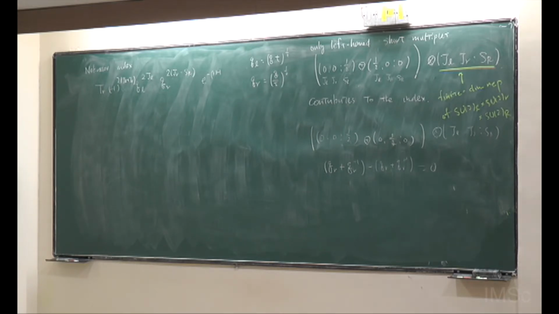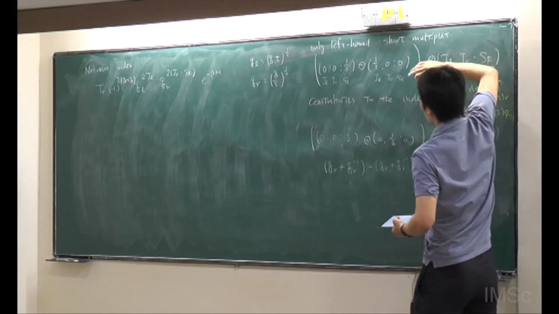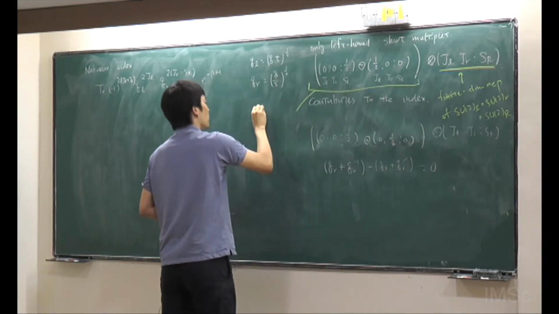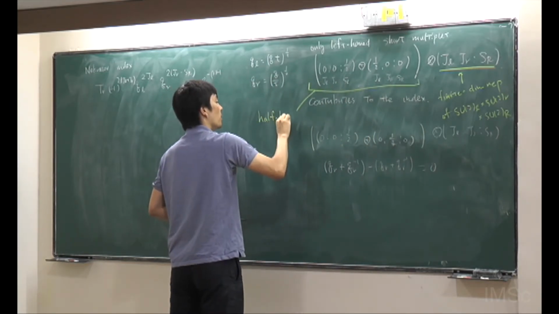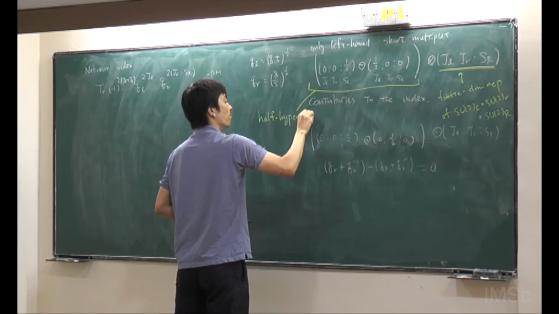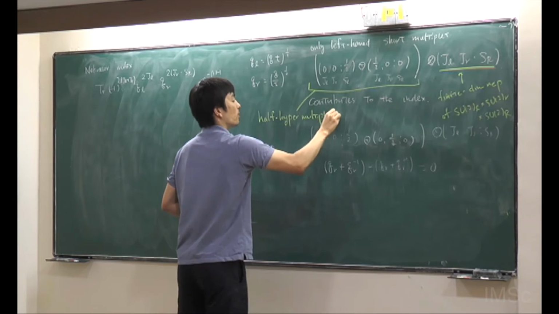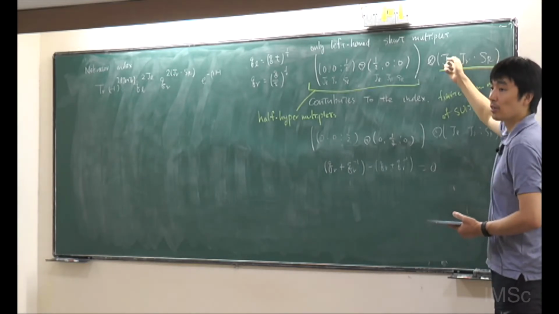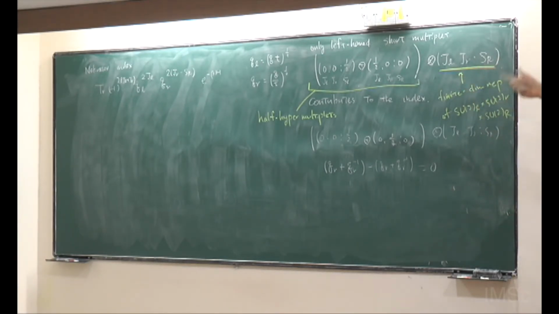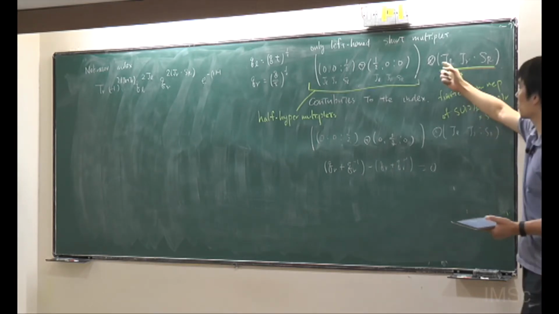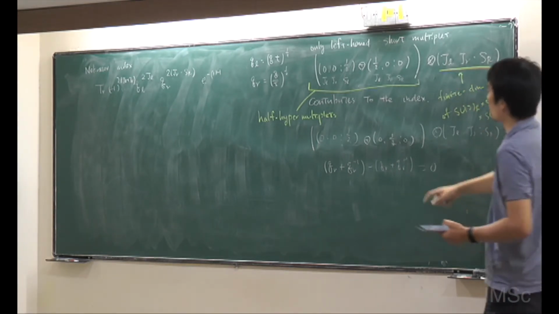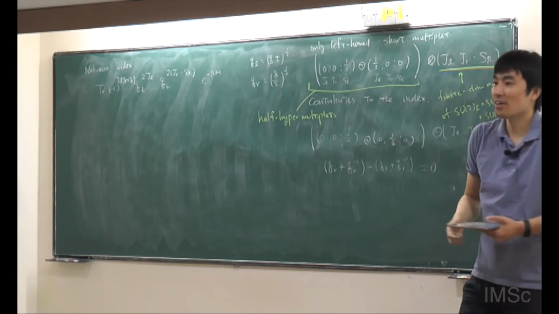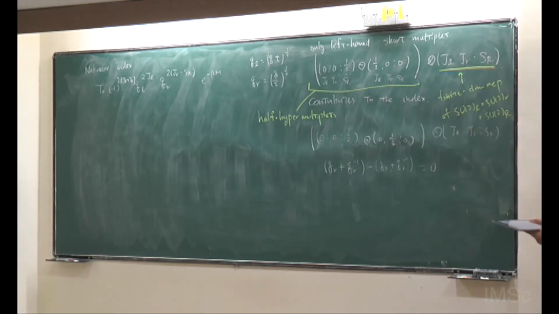If you consider this one, this part is called the half hypermultiplet. There are infinitely many BPS states that contribute to the index, labeled by these finite dimensional representations. If you consider only this space, you have only 4 states, but there are infinitely many states, labeled by these finite dimensional representations.